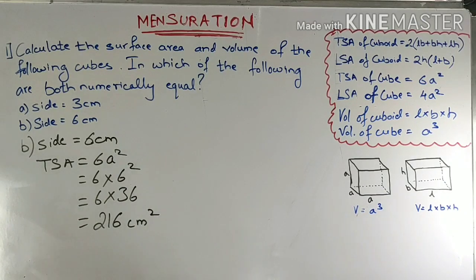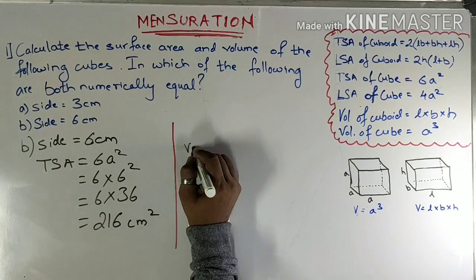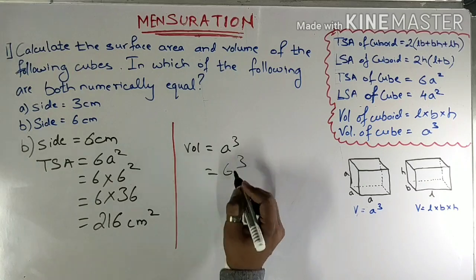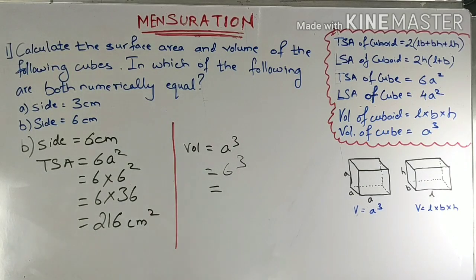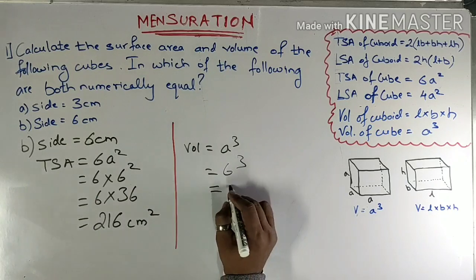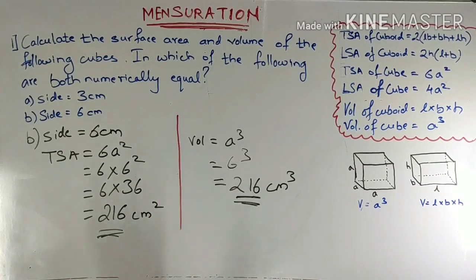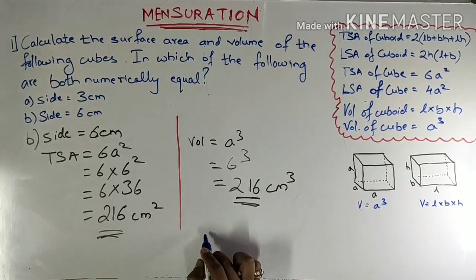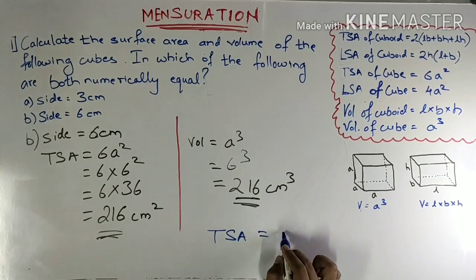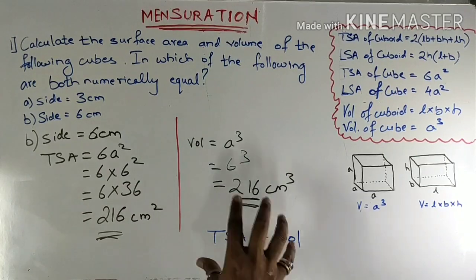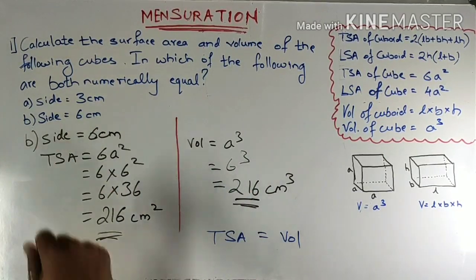Now let's check whether the volume of the same cube is the same or not. The formula for volume is a cube. a is 6, so 6 cube. 6 cube is 6 6s are 36 and 36 6s are 216 centimeters cube. So from this we conclude that the total surface area and volume are the same, numerically equal, for the cube having side 6 centimeters.